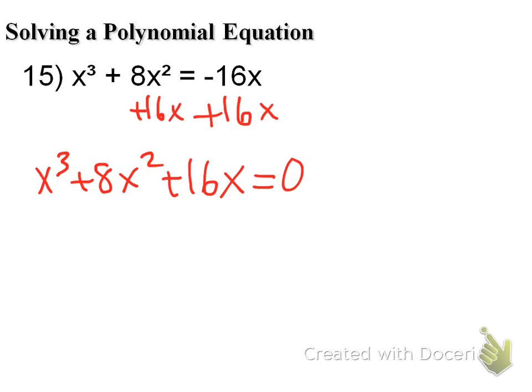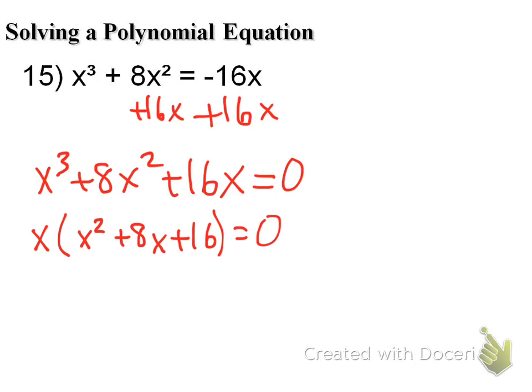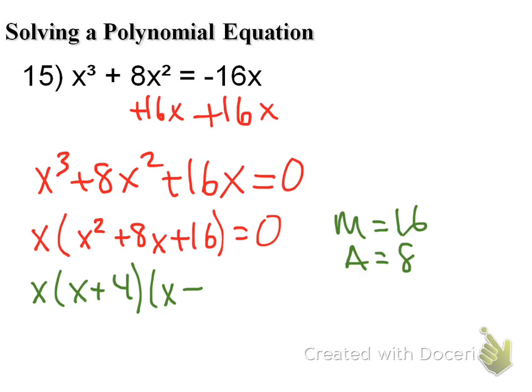As I was doing that, I noticed they all have an x, so I'm just going to pull that to the front. That's x squared plus 8x plus 16 equals 0. Is that going to factor? Yeah, multiply to 16, add to 8. 4 and 4. So this is going to be x plus 4, x plus 4. And don't forget you have that x out front. That'll change things.